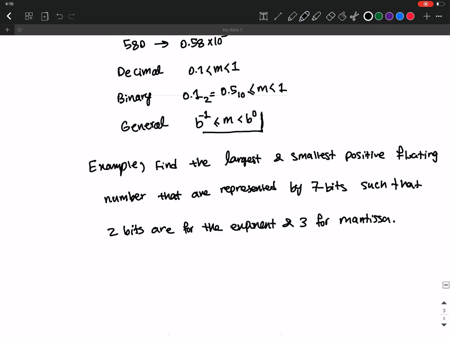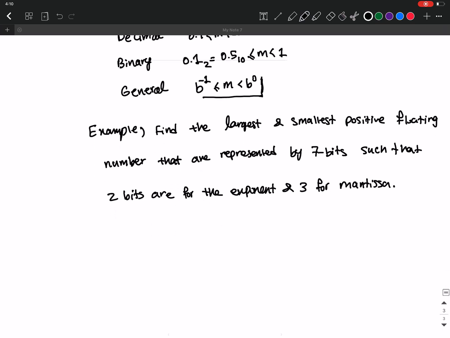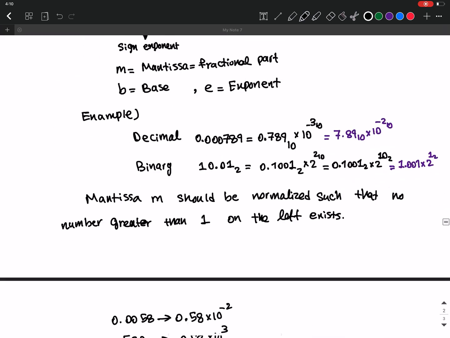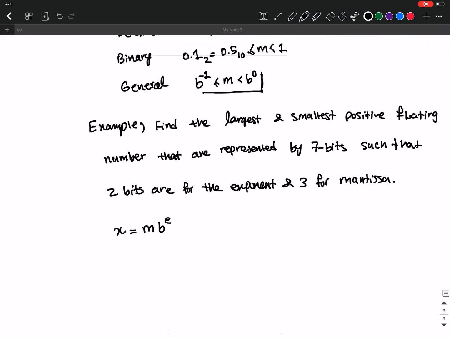Okay, so let's see what it is. As you see, this is gonna be x equals to m b to the power e, and the sign is positive, so s is gonna be positive. And because the base here is 2, we are in a computer system, so it's gonna be m 2 to the power e, where m is also positive.